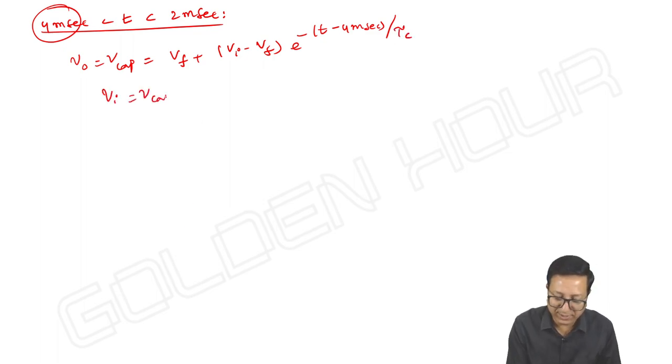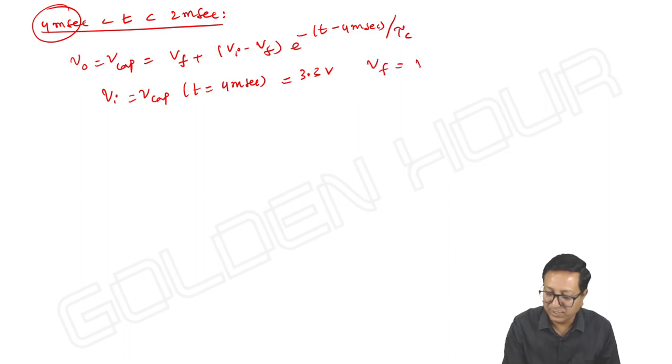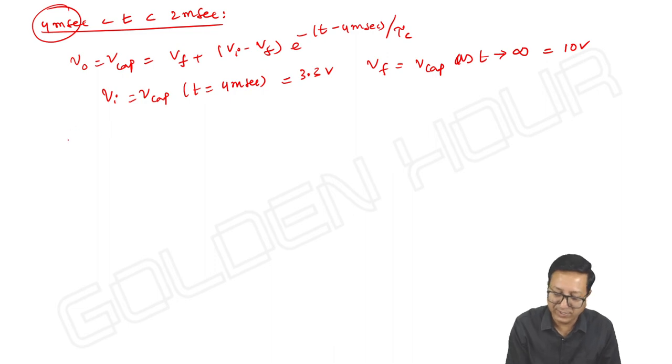Here what is V initial? It is the voltage across the capacitor at t equal to 4 milliseconds. Its value is 3.3 volts. And what about V final? V capacitor as t tends to infinity, its value is equal to 10 volts. The time constant is anyway known.